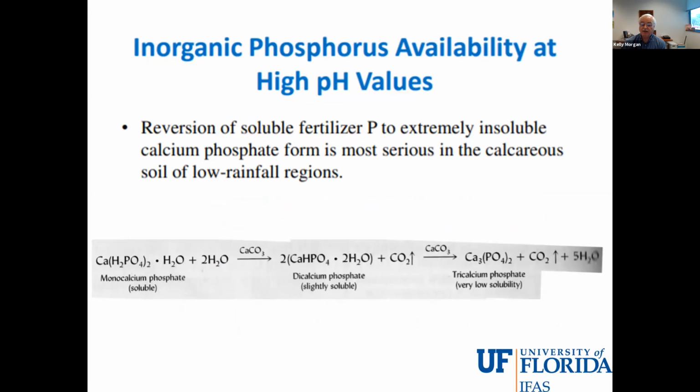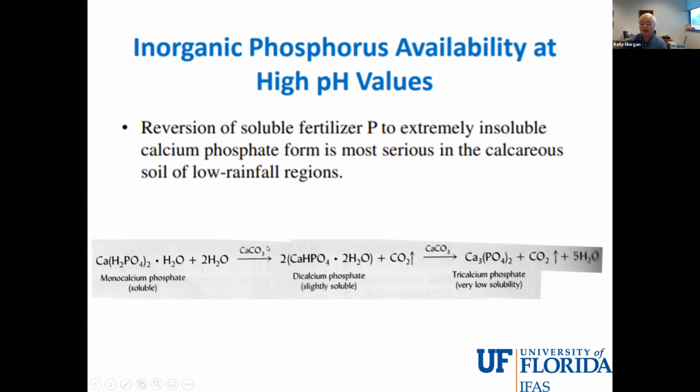At high pH, you have a very similar reaction, but here you have to have calcium carbonate in the equation. So you would have phosphorus in your fertilizer. It would combine with calcium. This compound is soluble, has water associated with it.